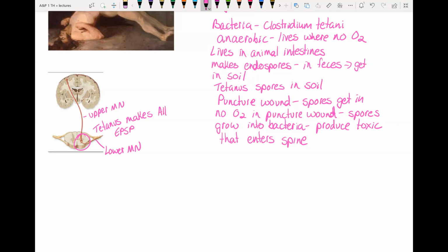So this toxin from the tetanus will make all of the synapses between your upper and lower motor neurons have EPSP.